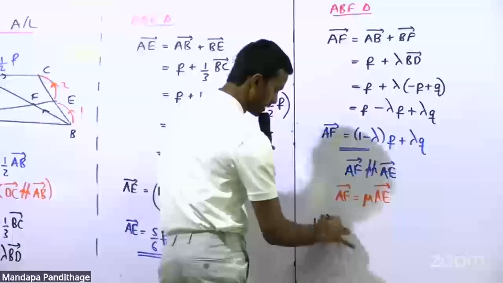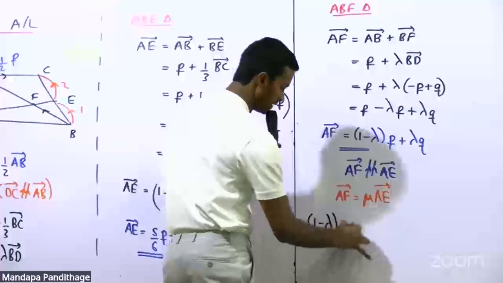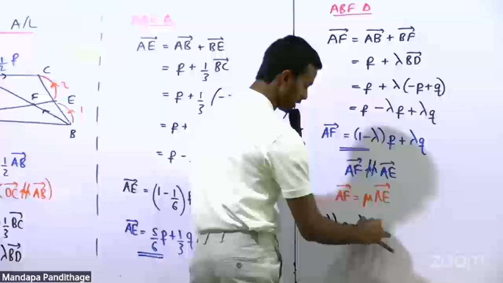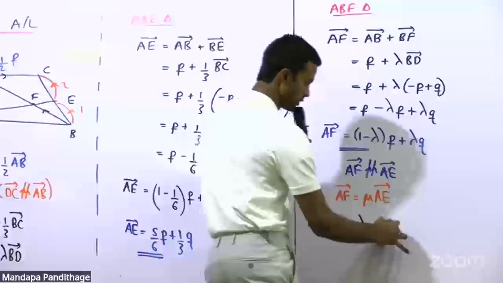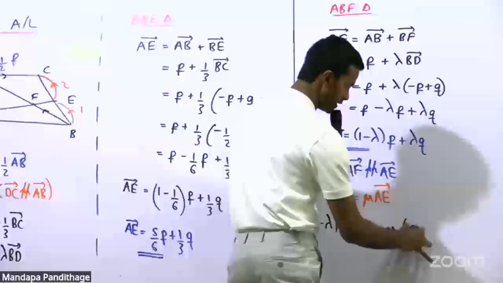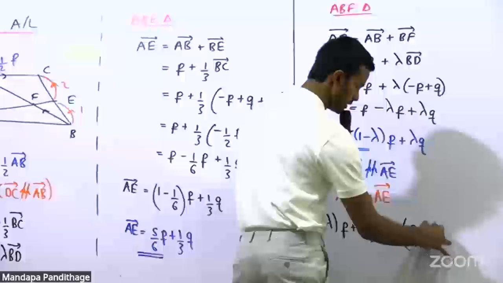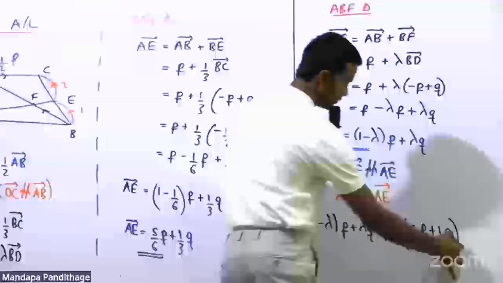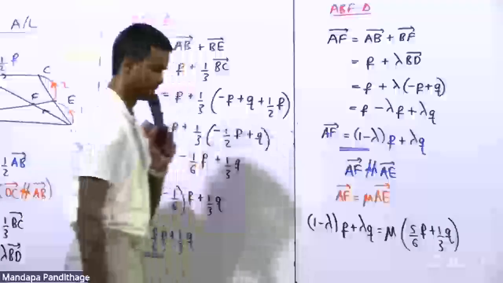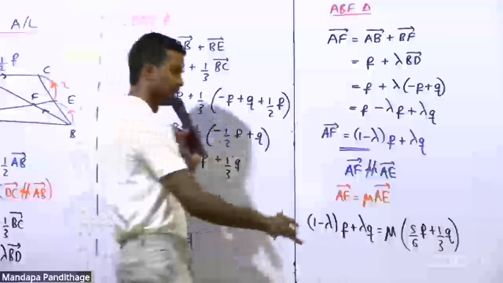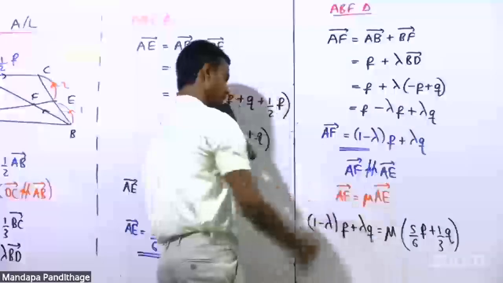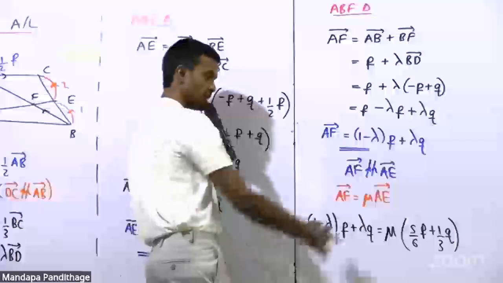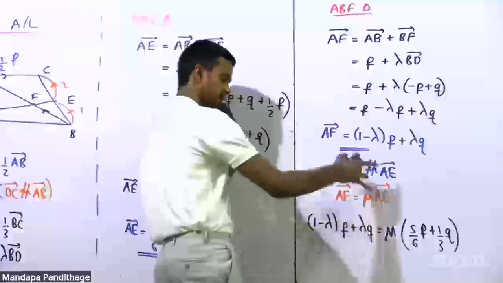AF, which is 1 minus lambda P plus lambda Q, is equal to mu times AE. What is AE? 5 over 6 P plus 1 over 3 Q. So this is how you can build the relationship between the two vectors and two unknown terms.